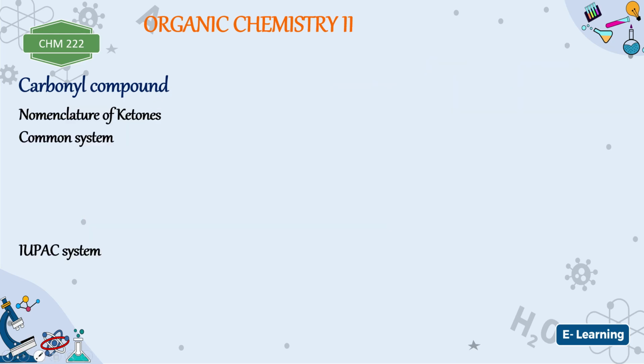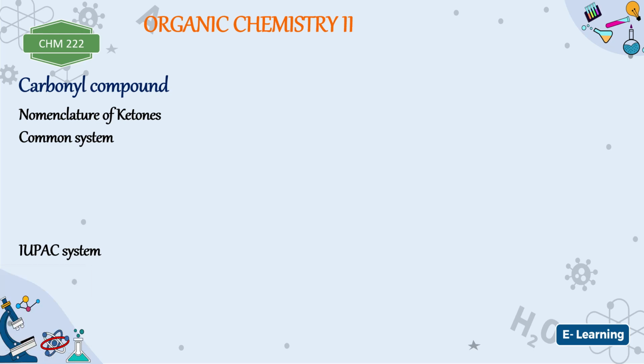Now, let's look at the nomenclature of aldehydes and ketones. There are two systems of naming ketones: we have the common name, which you can see here, and the IUPAC name, which you can see here. IUPAC means what? International Union of Pure and Applied Chemistry. Are you getting it now? The common name is the common way of calling this particular compound, and it usually goes like this.